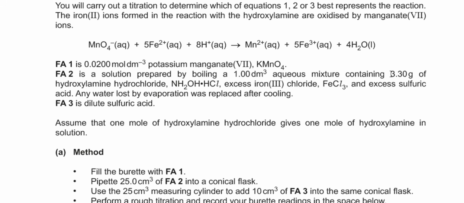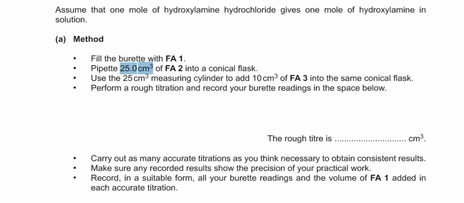Here he says that 3.30 grams of hydroxylamine were initially added to 1000 centimeter cube, which is equal to 1 dm cube. So 1 dm cube of solution was prepared by adding this amount, and then we pipetted 25 out of that 1000 centimeter cube. Is that clear? So please remember this, this is going to help us.